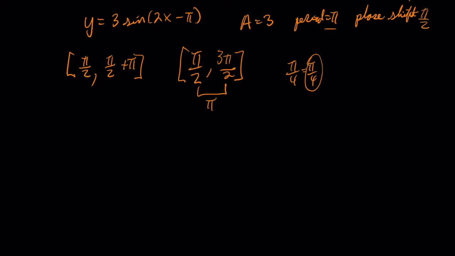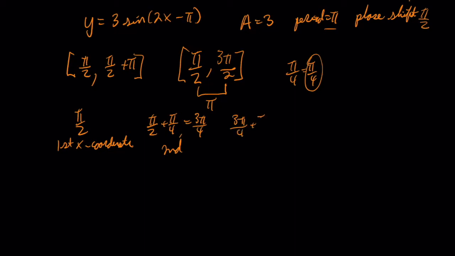So our first x coordinate is going to be pi over 2. Then I'm going to add pi over 4 to that, and I get 3 pi over 4. And that'll be my second. Then I'm going to take 3 pi over 4 and add pi over 4. That just gives me pi. And that's our third x coordinate.